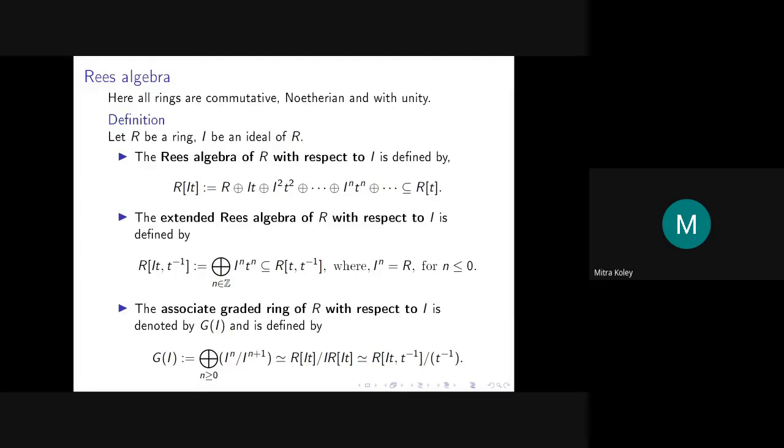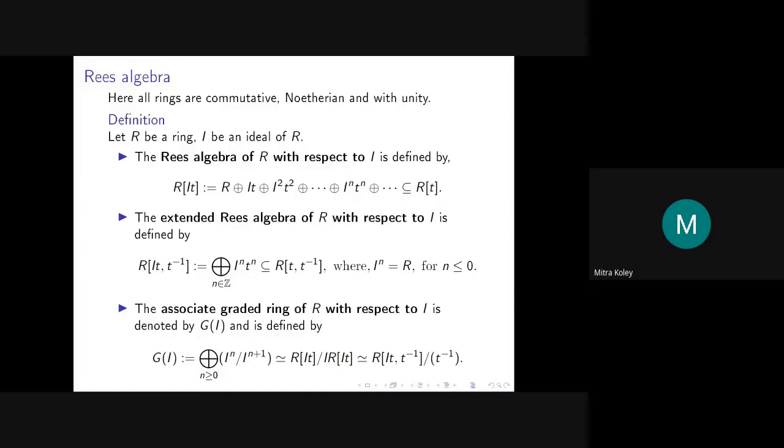It can be realized as a quotient of the Rees algebra by the ideal IR[It], and also as a quotient of the extended Rees algebra modulo the ideal generated by the non-zero divisor t^{-1}.